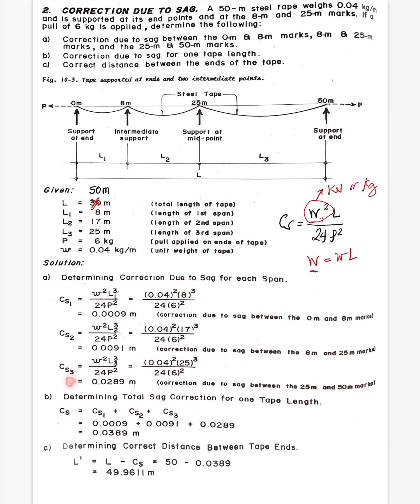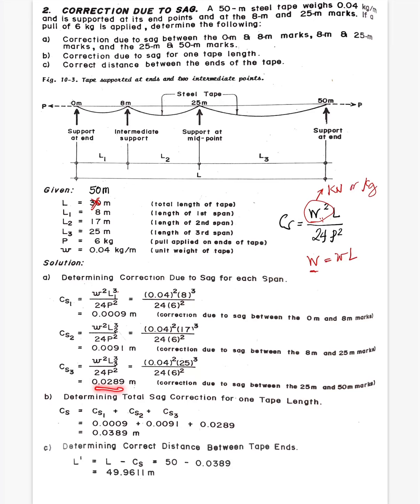And then for the correction CS3, or that is the correction for the line L3. So same formula. So you have now 0.04 squared multiplied by 25 cubed, since that's the distance L3, that is from 25 to 50 meter mark, divided by 24 times 6 squared.